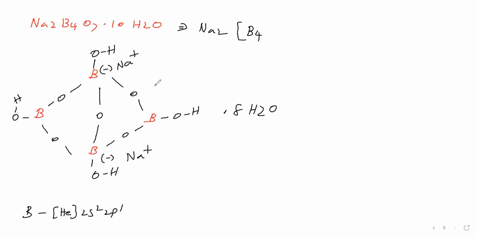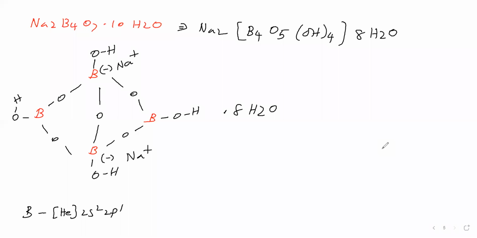How many oxygen atoms present as bridges? 1, 2, 3, 4, 5. 5 oxygen atoms acting as bridges. 4 OH groups present. Then how many water molecules? Hydrated water molecules, 8. Therefore, this borax is a complex. It is not a simple molecule.